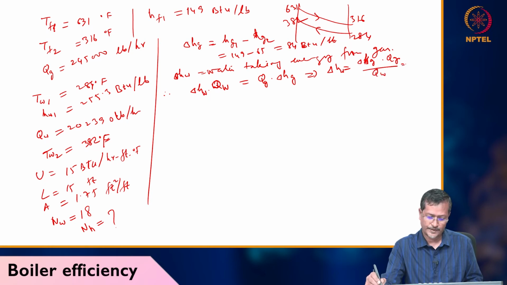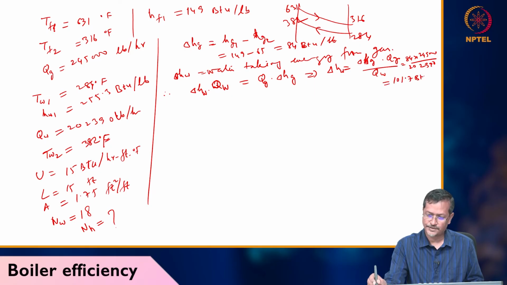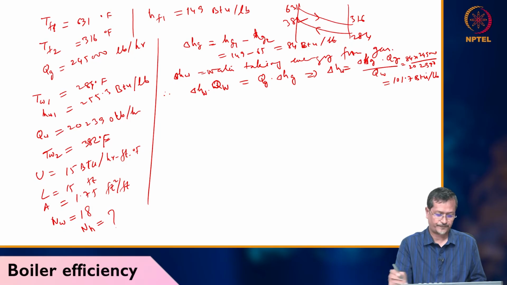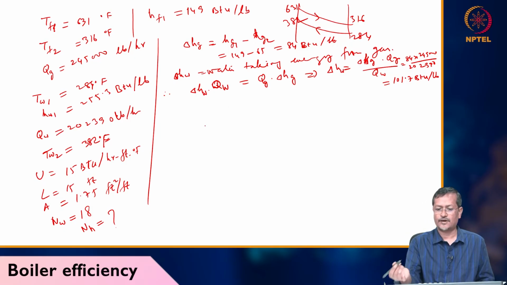So this will be 84 into 245000 divided by 202390. So this is coming 101.7 BTU per pound.